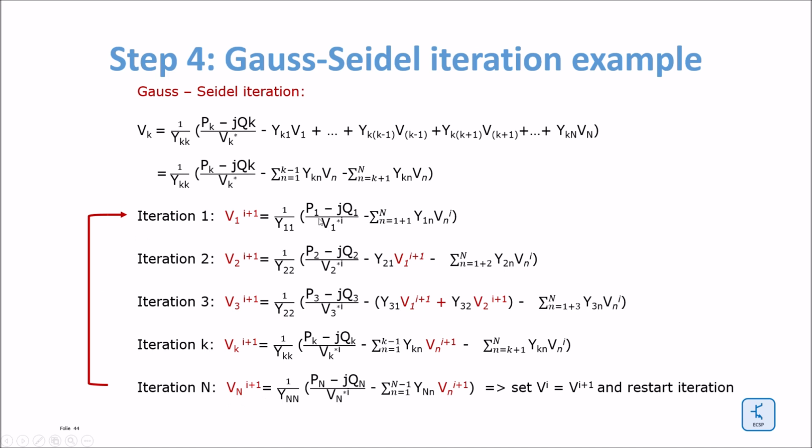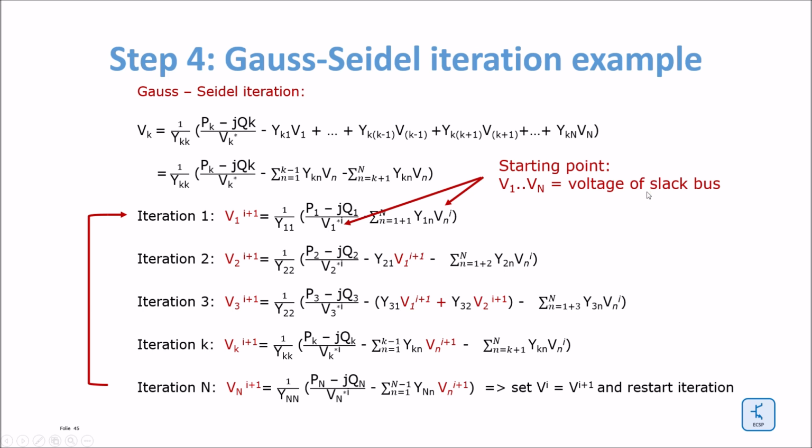This is the iteration cycle, and the starting point, this is important now. For the starting point, I am using the terms of the voltage which I have assumed at the beginning, and I have assumed that at the beginning of the iteration all the voltages at all the buses are equal to the voltage at the one slack bus.